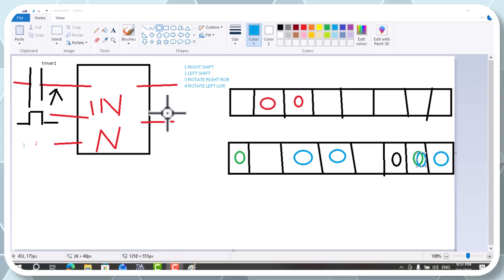So my friends, again about the shift and rotate operation. For example, if we use the left shift, it means the leftmost bit is discarded and the 0 is inserted into the rightmost position.